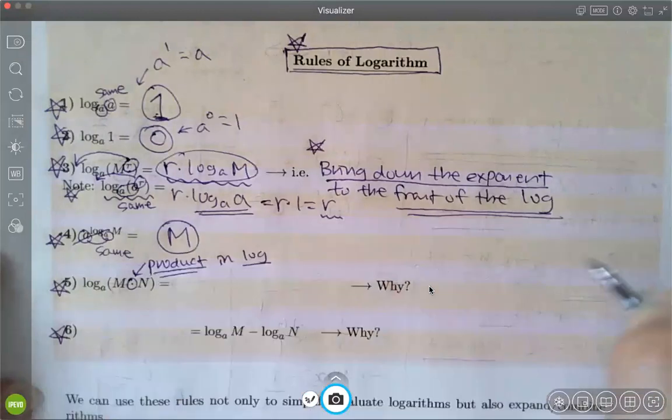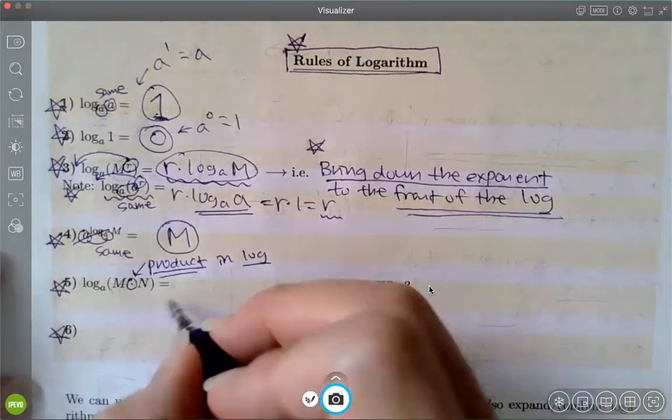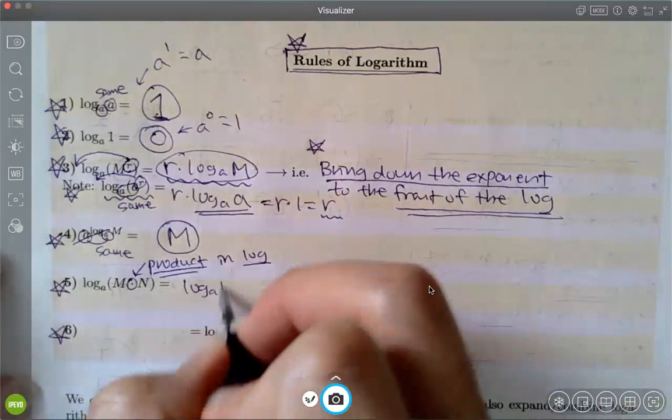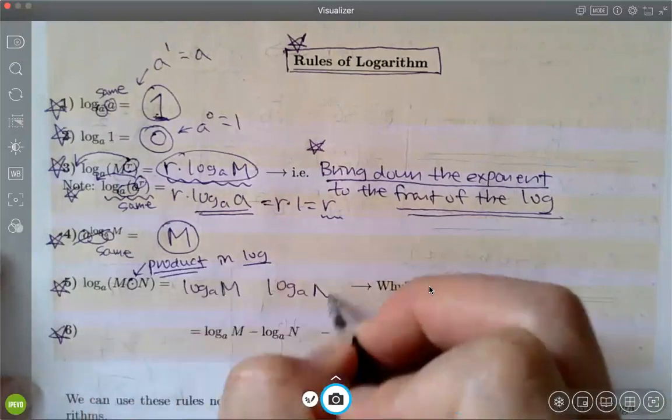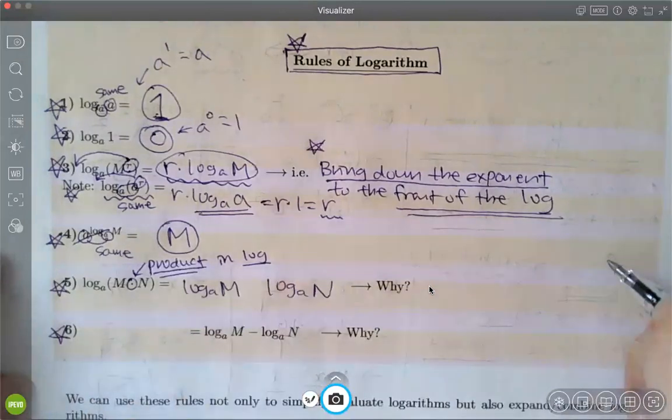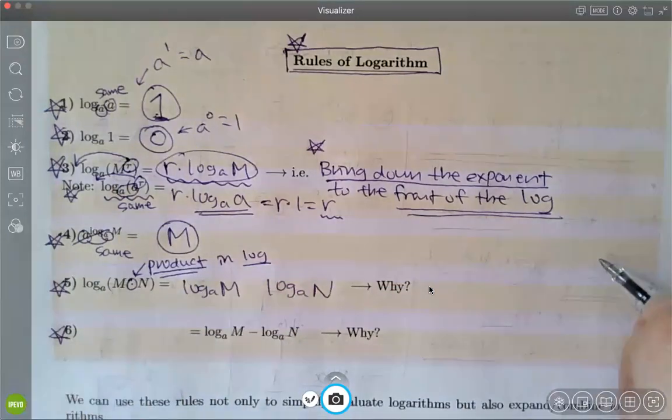What seems to be the case is that whenever you have the product inside the log, you can distribute this log sub A, and we have log A M times log A N. And that's actually false. It's log A M plus log A N.